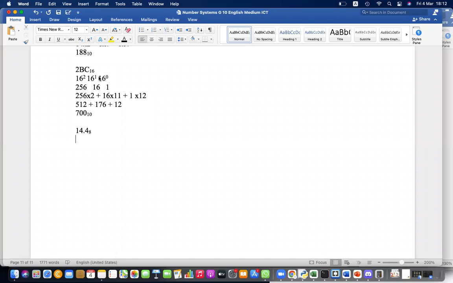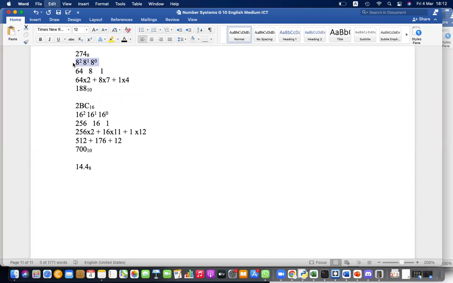Only thing is you have to take the values again, similar to the previous one. 8 to the power 1, 8 to the power 0, but here the point part is 8 to the power minus 1. 8 to the power 1 is 8. 8 to the power 0 is 1. 8 to the power minus 1 is 0.125, so 1 divided by 8, that is 0.125. Okay, don't worry, the decimal numbers you won't get.